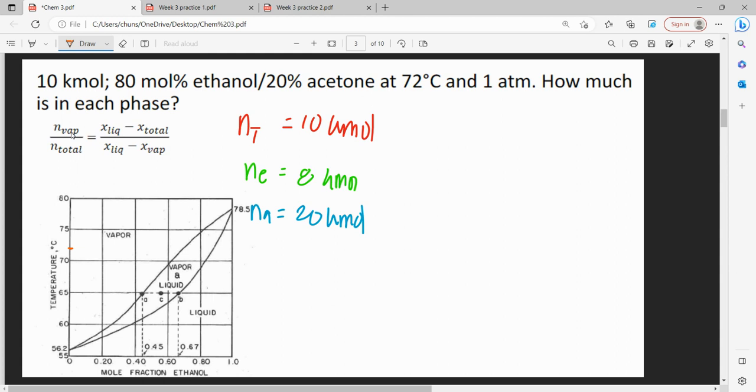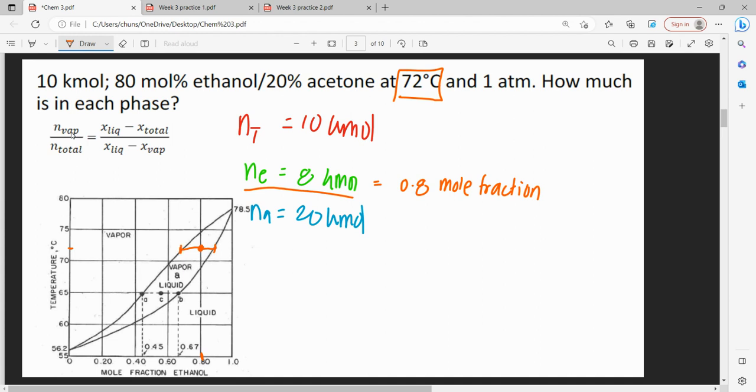And we can use our ethanol, which is equal to 0.8 mole fraction. So we've plotted where our Y is going to be, 72 degrees Celsius. And now let's find 0.8 mole fraction ethanol. That brings us to this point right here. So that's our first point.